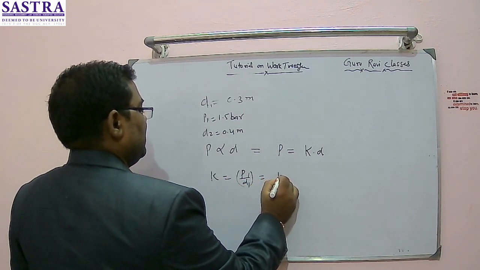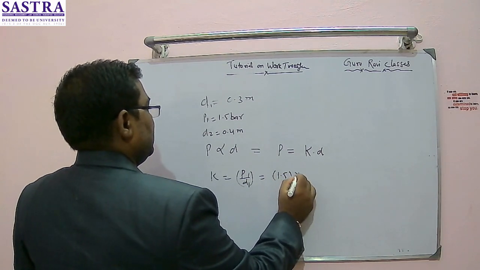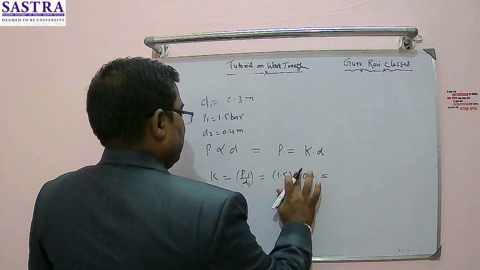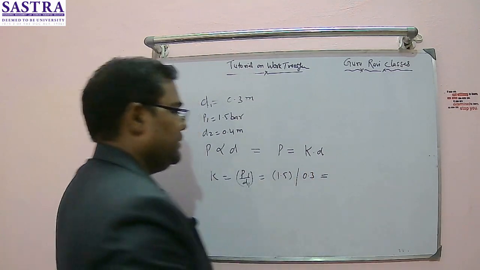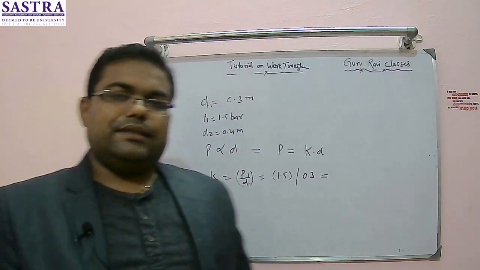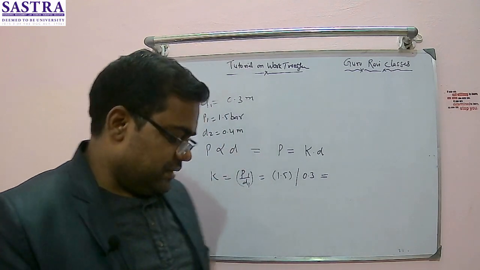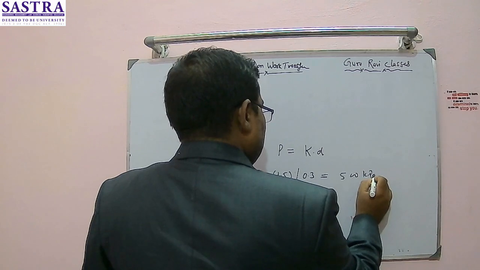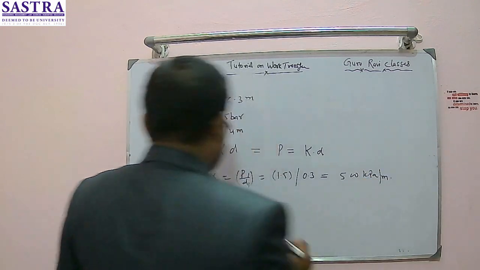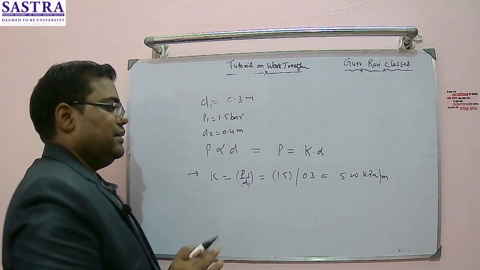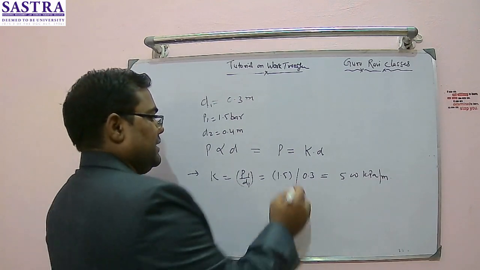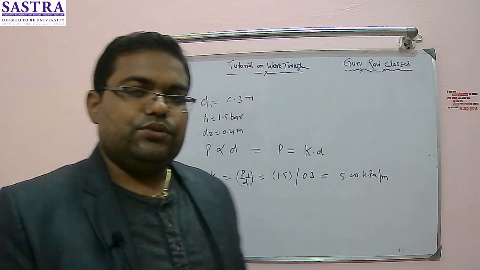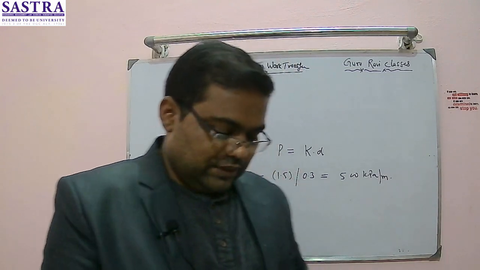P I know, 1.5 bar, divided by 0.3. So I can get the constant value, which is coming around 500 kilopascal per meter. So this constant value is fixed for all the things. So this can be written P1 is equal to K D1, or P2 is equal to K D2. K is constant. So one thing is over.